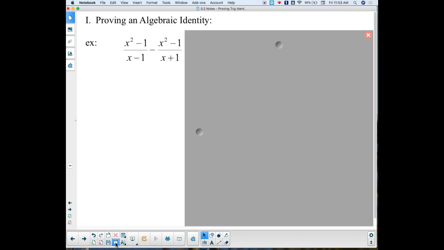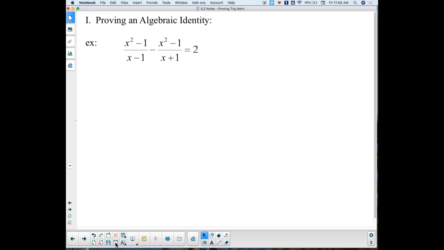Well, now I'm telling you that if you simplify this, you should get 2. So you know when you should stop. You know if you're right or not. Because if you don't get 2 here, you haven't, 1, gone far enough, or 2, you screwed up somewhere along the way. Okay?